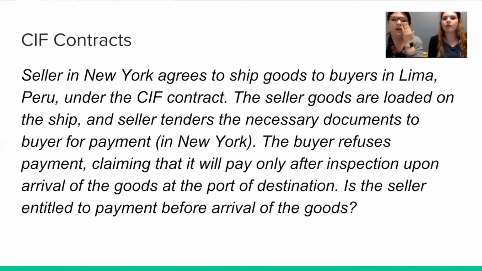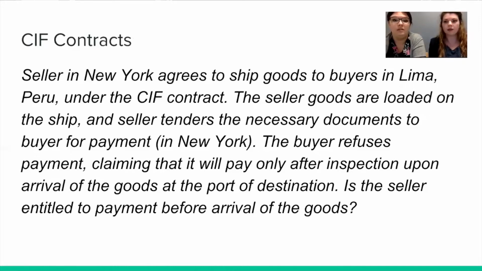So back to the review, there's a question about CIF contracts. A seller in New York agrees to ship goods to a buyer in Lima, Peru under a CIF contract. The seller's goods are loaded on the ship and the seller tenders the necessary documents to the buyer for payment in New York. The buyer refuses payment, claiming that it will pay only after inspection upon arrival of the goods at the port of destination.